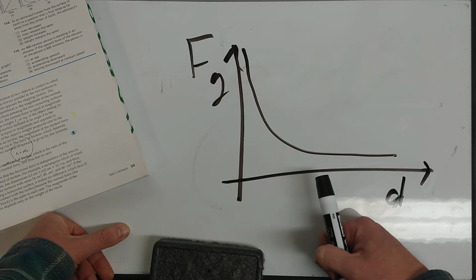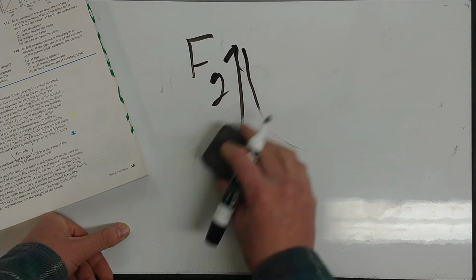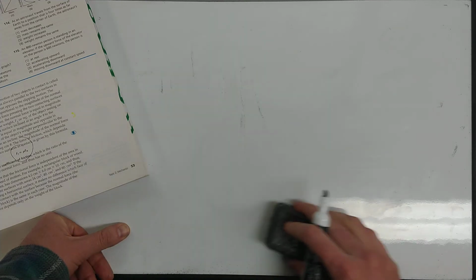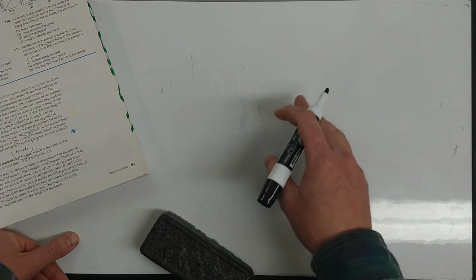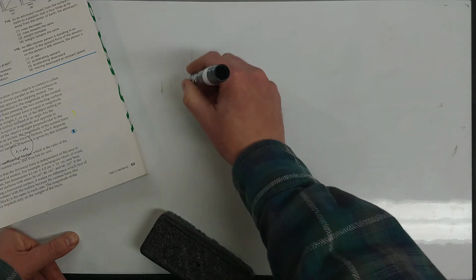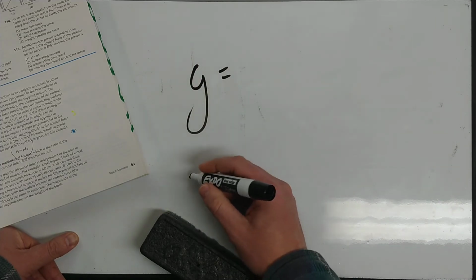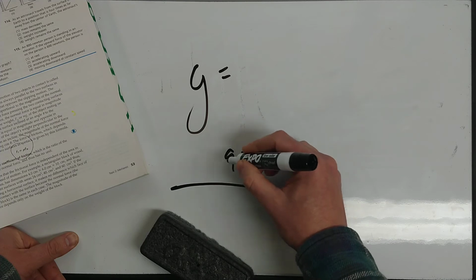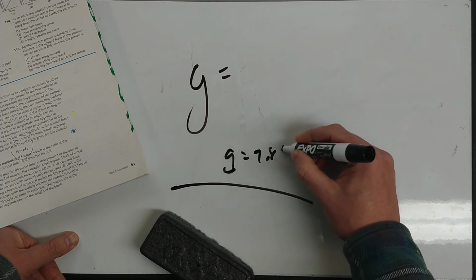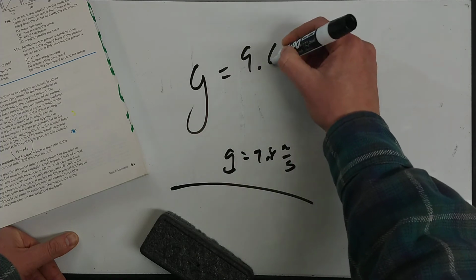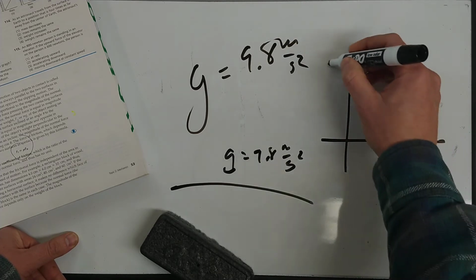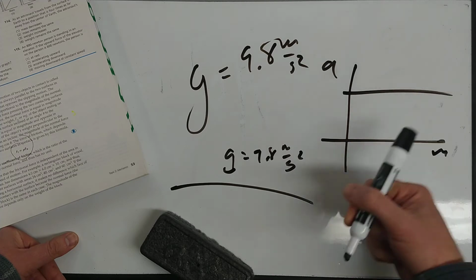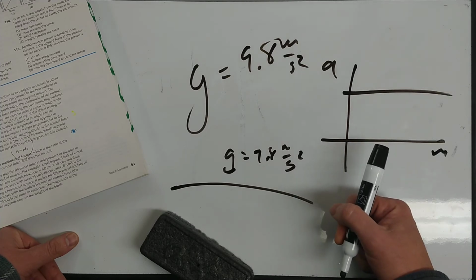Number 113: which graph best represents the relationship between acceleration due to gravity for objects near the surface of the Earth and the mass? This is another one. If you're near the surface of the Earth, g is just 9.8 meters per second squared. It doesn't change. It doesn't depend on mass. So the acceleration versus mass is just constant. That one's a little bit strange.